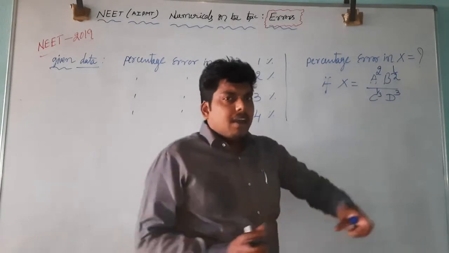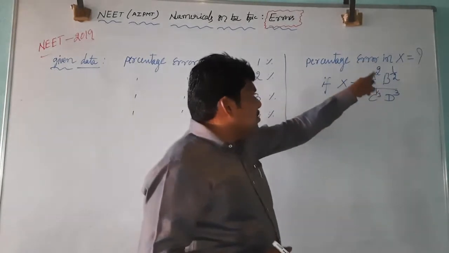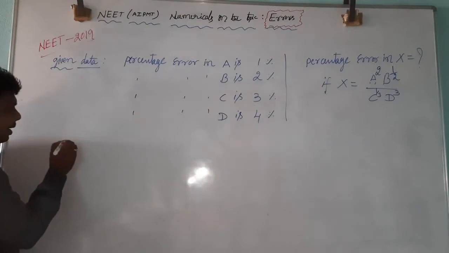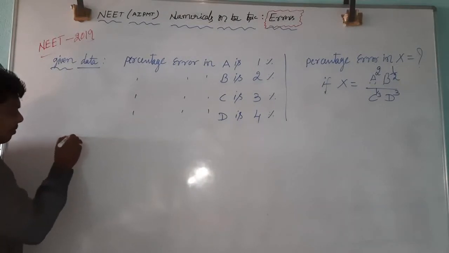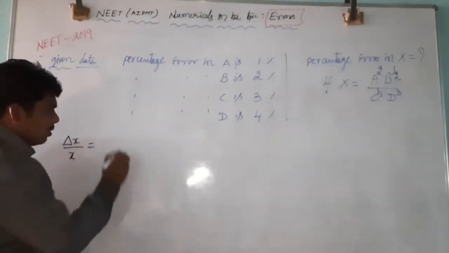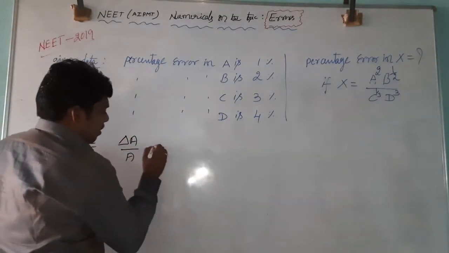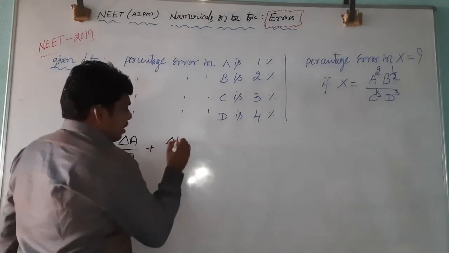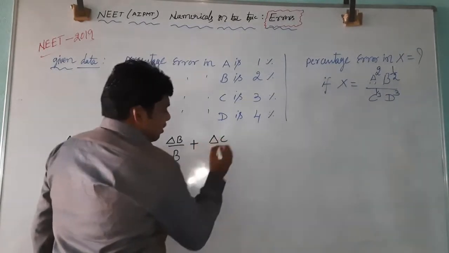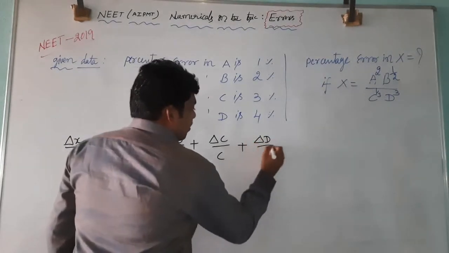Means that we have to add all the relative errors which are present in the given physical quantity which is related with the X. That is relative error in X, delta X by X, is equal to delta A by A plus delta B by B plus delta C by C plus delta D by D.